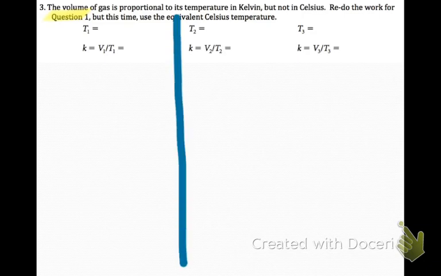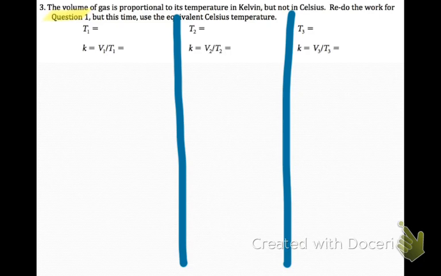So I'm going to separate all 3 of these. Hopefully I have enough space to put these in. And for T1, I'm going to go back to question 1. For question 1, my T1 was 285 Kelvin. This time I need to convert it to Celsius. I know that Kelvin is equal to 273 plus whatever the degrees Celsius is. So when I isolate my variables, Celsius is equal to the Kelvin minus 273.